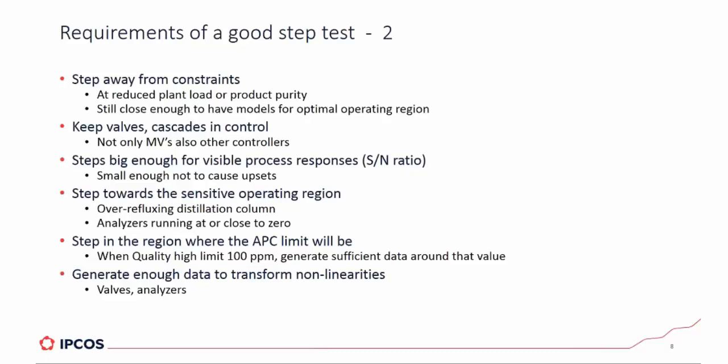At the same time, we want to generate enough data so that we are able to transform the nonlinearities in our process. Those could be valves, those could be analyzers. So even though we would be controlling at a value of 100 ppm, we also want some data at a much lower value. And if allowed by the plant, some data points at a higher value even.